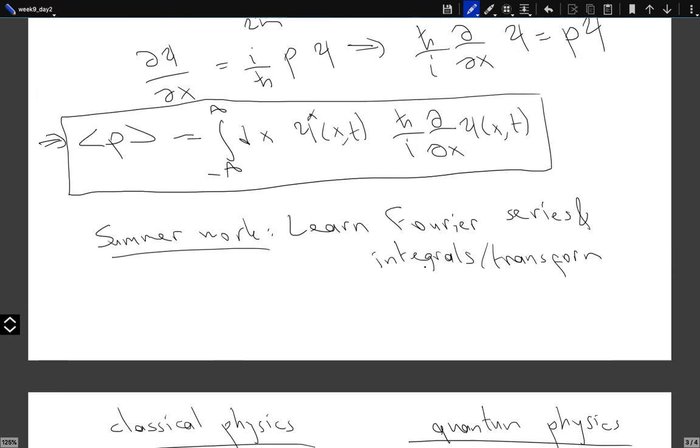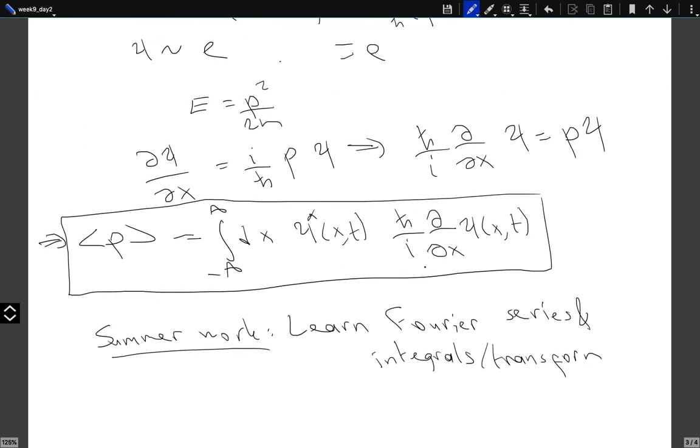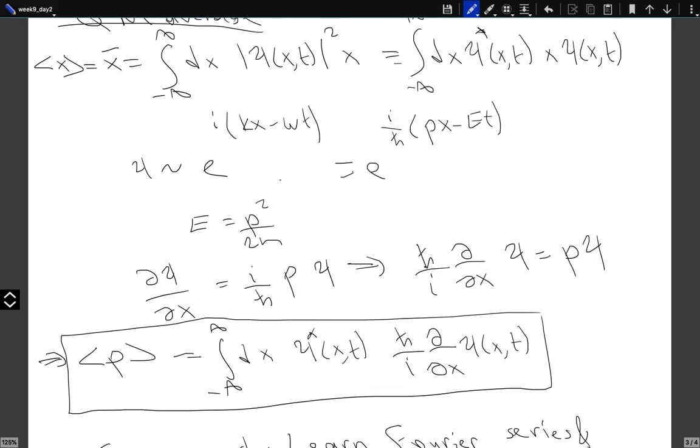We had already seen one case where in classical physics we have this concept of momentum. We started with the free particle. This is the free particle solution. And then, of course, we added the potential energy later on. That was just a reminder of Monday's lecture.